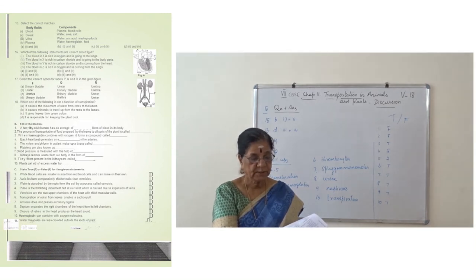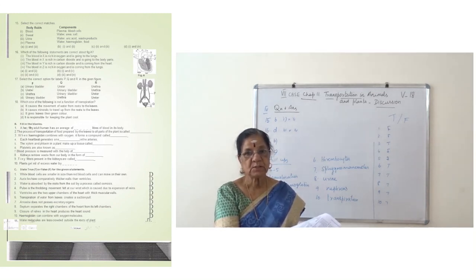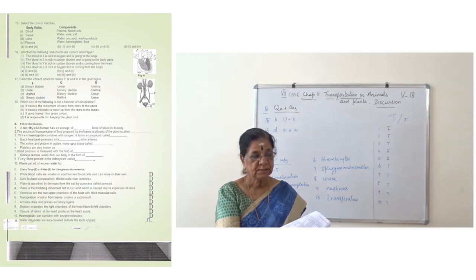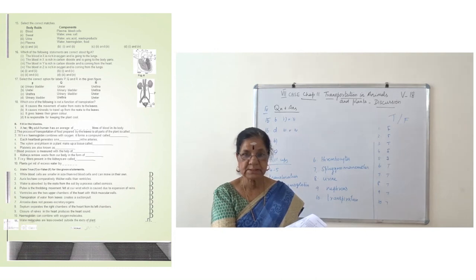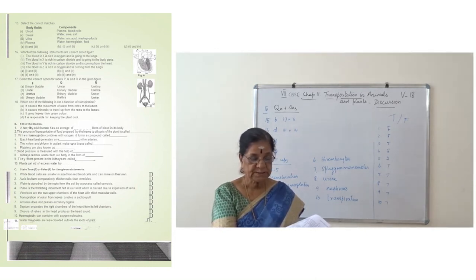Then fourth one, pulse is the throbbing movement felt at our wrist, which is caused due to expansion of vein. It is in the artery. So statement is false. Fifth one, ventricles are two upper chambers of the heart with thick muscular wall.